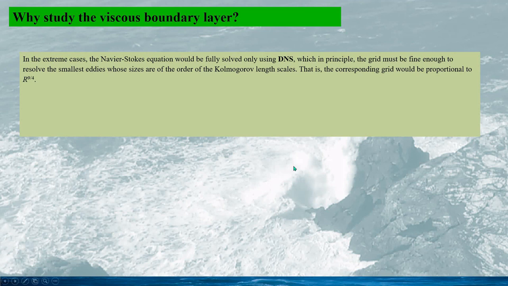A requirement for this direct solution is that the number of grid points is, in principle, proportional to the Reynolds number to the power of 9 divided by 4, and this can lead to a huge number of grids if the Reynolds number is large.